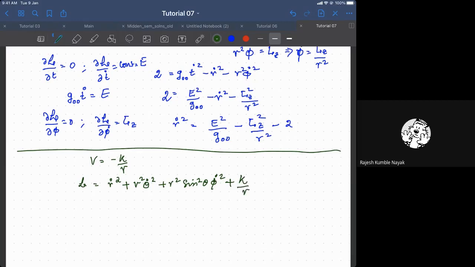You are familiar with this Lagrangian? Have you done it? I believe you have not done the central force problem. That is the reason I will just repeat this part, but see that it is very similar to what we have done, except that there is no time here, and the potential is extra sitting there.